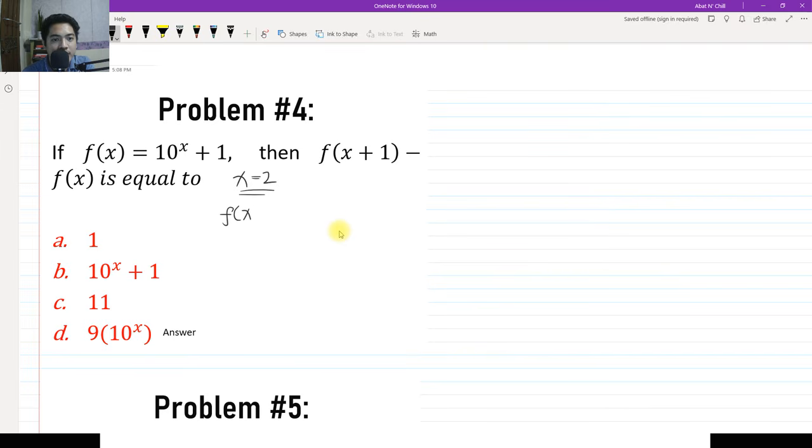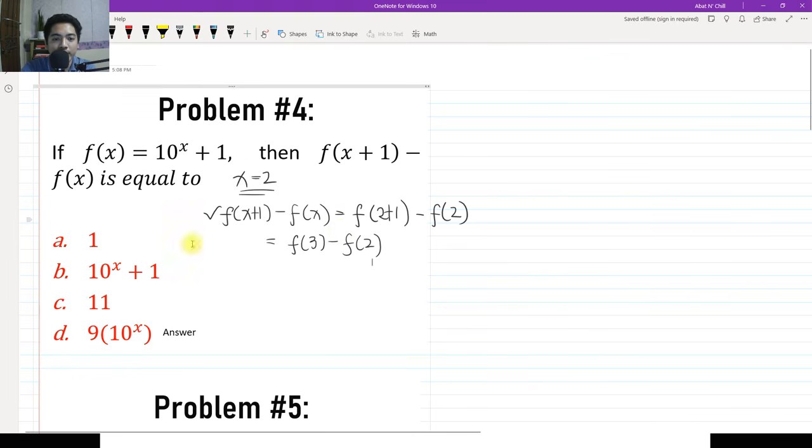This f of x plus 1 minus f of x would now be equal to f of 2 plus 1, because x plus 1, then minus f of what? The x which is 2. So these two are now equal. So we can get f of 3 minus f of 2.